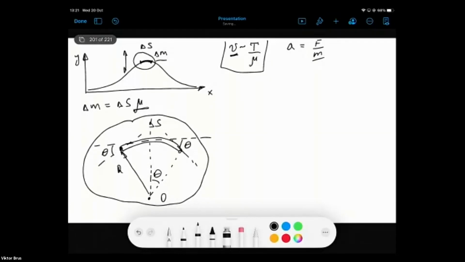Now we also have some tension in this string, since we have cut this small element from a continuous string. We should consider these tension vectors from both sides. They act on the string.